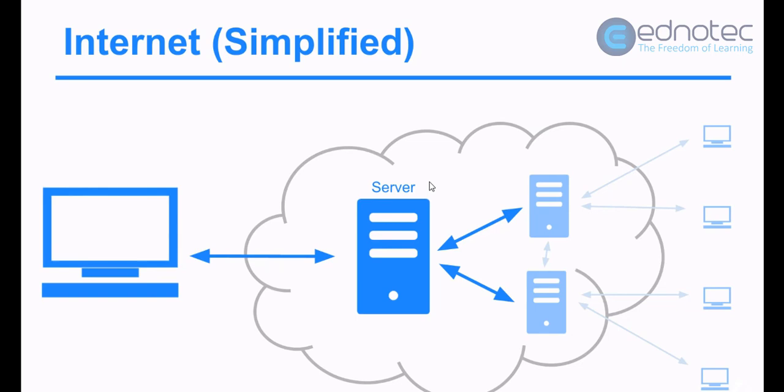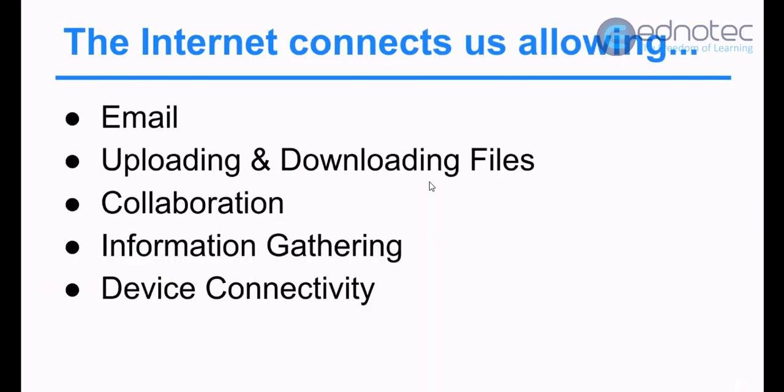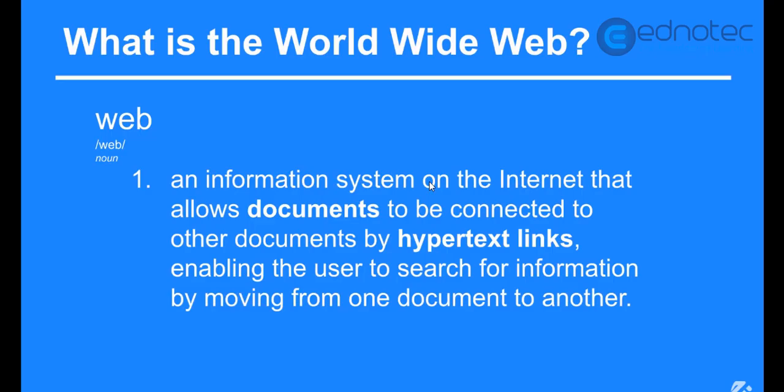So it's this web, this huge mixture of computers connected to each other, sharing information, sharing files, etc. Now, we all know that the internet allows us to email, upload and download files, collaborate. It allows for information gathering, and it connects other devices, not just computers: cell phones, faxes, whatever, it could all be connected through the internet.